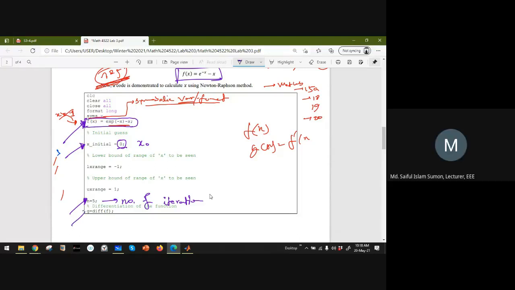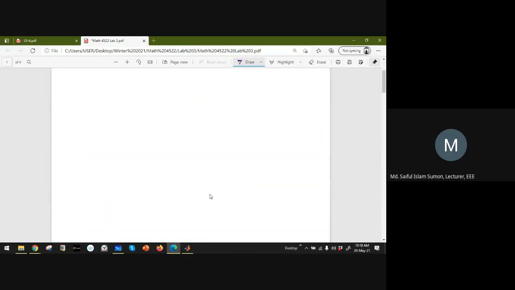Another important thing for this code is I have to find g. What's g? g is the derivative of f(x). So for this version of MATLAB, diff(f) will give the derivative of the function in x. So you can see our first step is done.